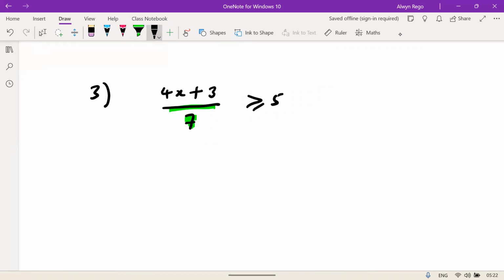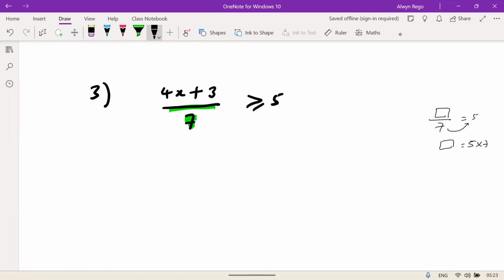In order to get rid of this 7, I multiply both the sides by 7. So if you have something divided by 7 is equal to 5, you obviously multiply by 7, so this number becomes equal to 5 times 7.